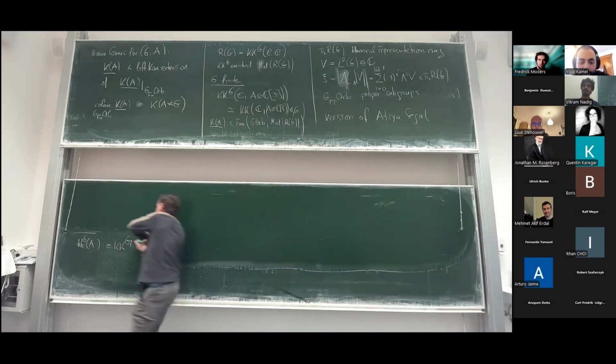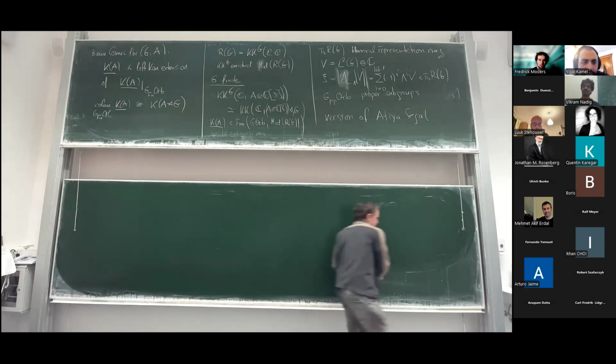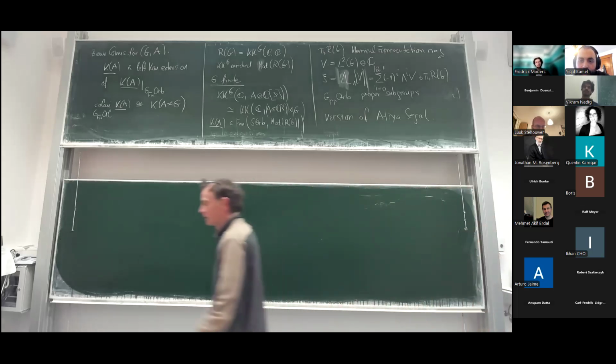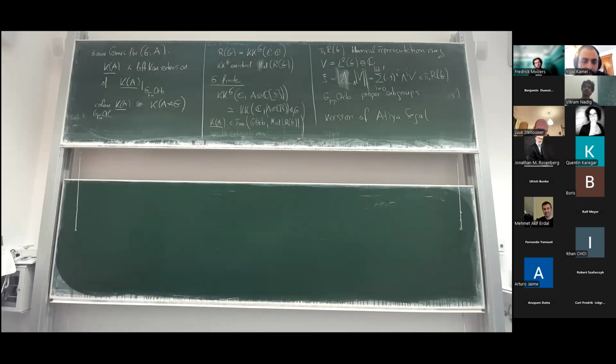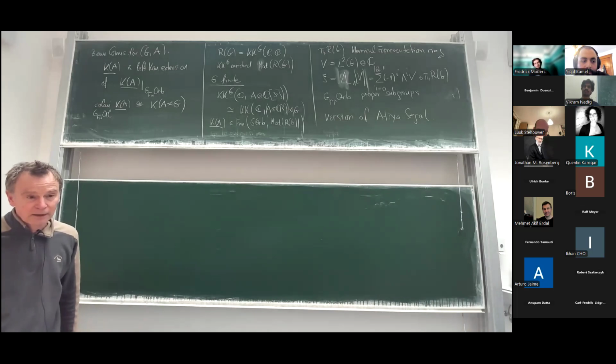While you're erasing the board, I'll ask a clarifying question. The thing on the board that you erased is saying that when you view K of A bar as a genuine G-spectrum, then the K-theory of the cross product is not genuine. It's just a functor on the orbit category. It has a structure of a genuine G-spectrum also in the finite group case, but I will not consider it as such.